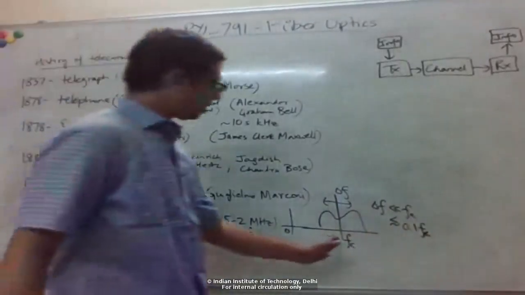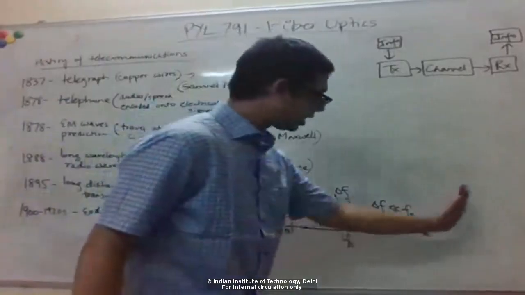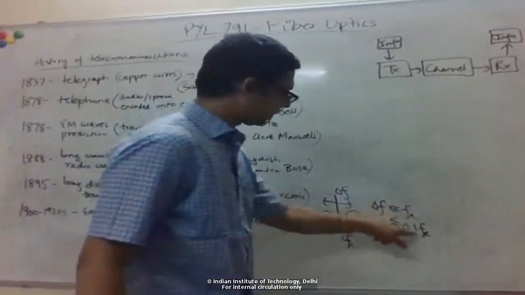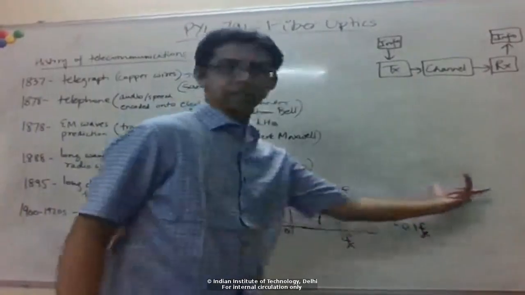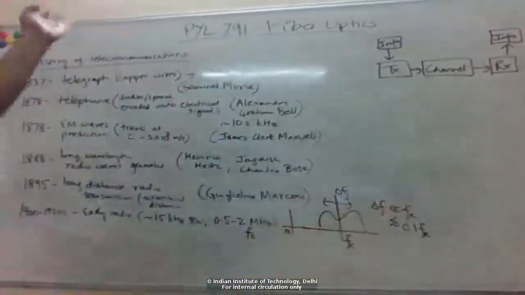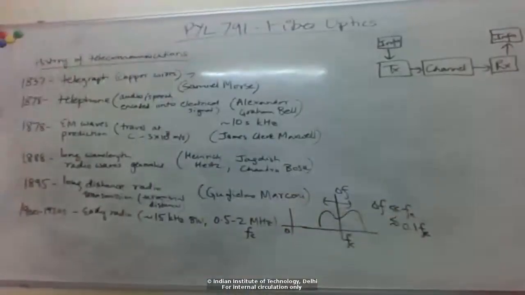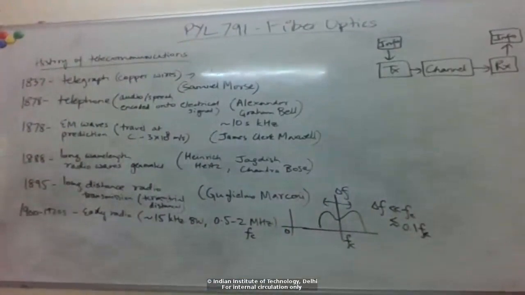So you can see that if I make this carrier frequency larger and larger, with the same fraction I can encode data of larger and larger bandwidths, which is basically what is happening as we see the development of the last few.